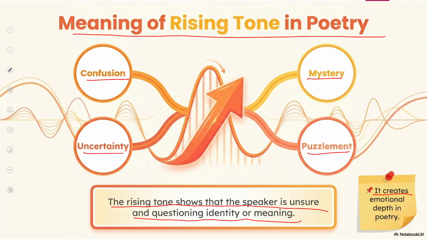It creates emotional depth in poetry. It means in poetry, whenever we use rising tone, it means confusion, uncertainty, and puzzlement, right? That's why we use rising tone in poetry.